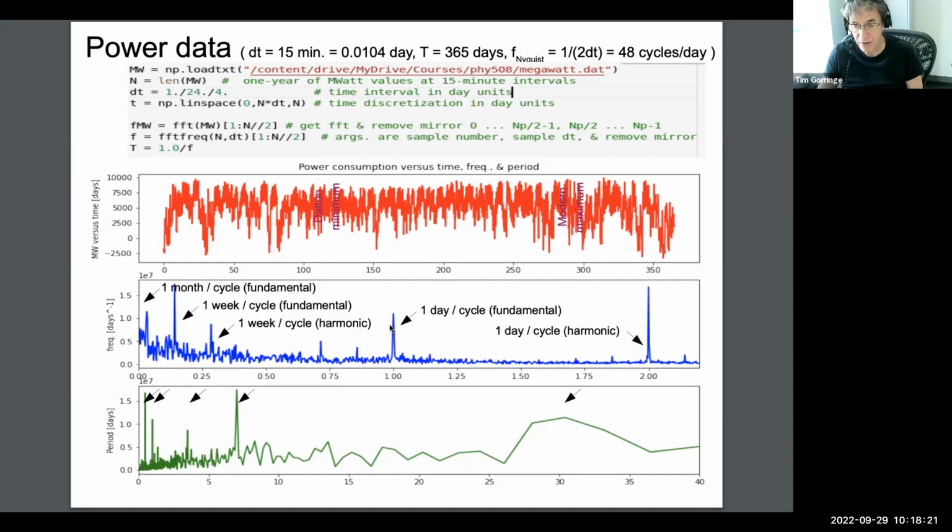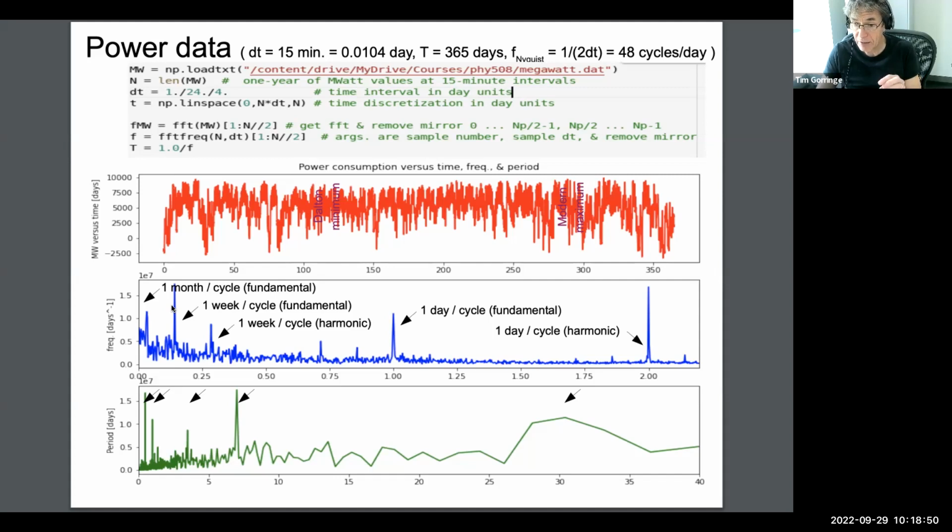There's a second clear fundamental frequency in the data, and that's down here. It's at the frequency 0.14 cycles per day. It's this large peak here, and 0.14 cycles per day corresponds to 1 cycle a week. So this is a period of 1 week.